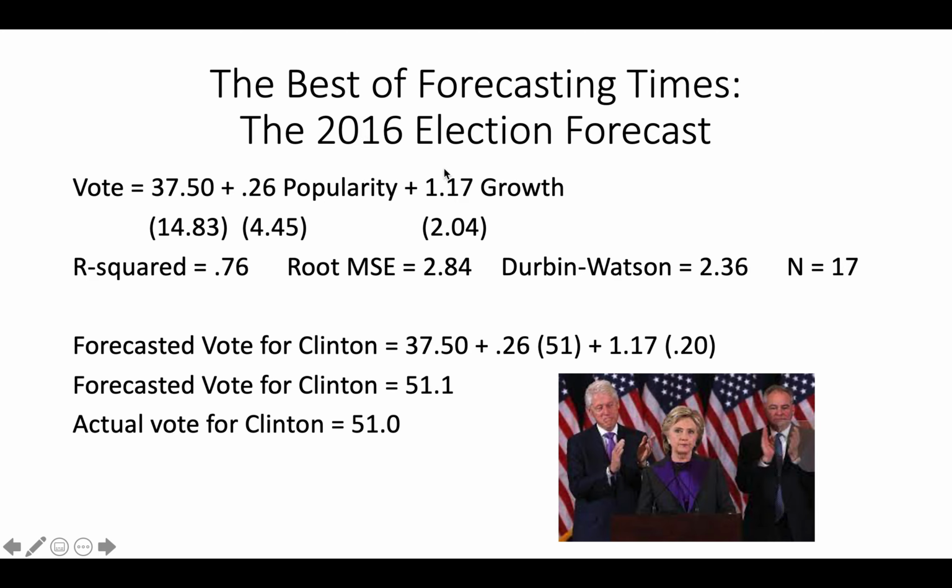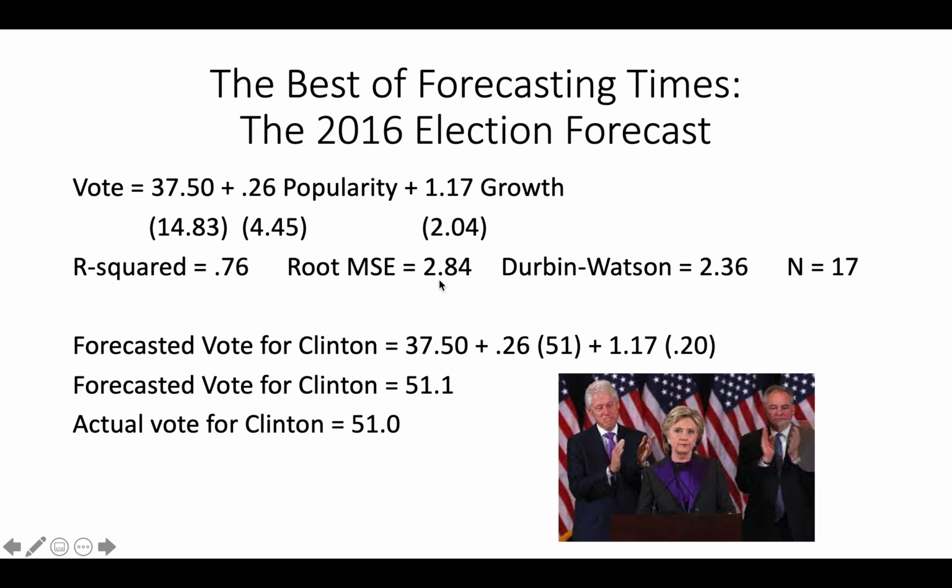And the greater the economic growth, as seen, GNP growth, in the first 2 quarters of the election year, the more that translates into vote share for the president party's candidate. These are T ratios in parentheses, so statistical significance for each of these independent variables and for the y-intercept for that matter. The R-squared is above that 0.70 threshold that I suggested would be important for a forecasting model.